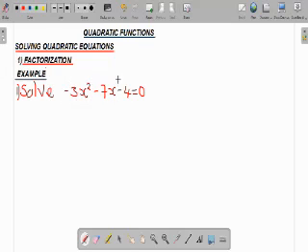We have got negative 3x squared, which is our first term, negative 7x, which is our second term, and negative 4, which is a constant, our third term.